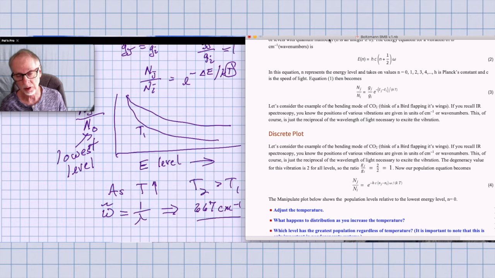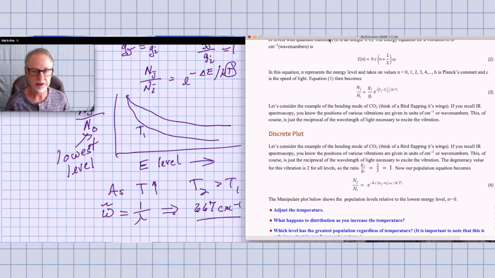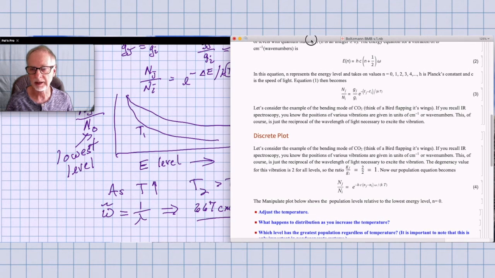And one of those is carbon dioxide. So when you're running a background IR spectrum on an organic molecule that you may have done, when you look at that background, you're going to see peaks due to water and carbon dioxide. And one of those down around 667 is a bending mode of carbon dioxide, which is more or less like a bird flapping its wings, like the molecule going like this.